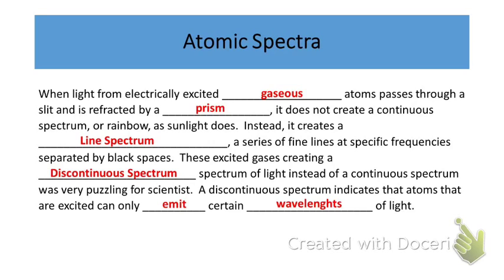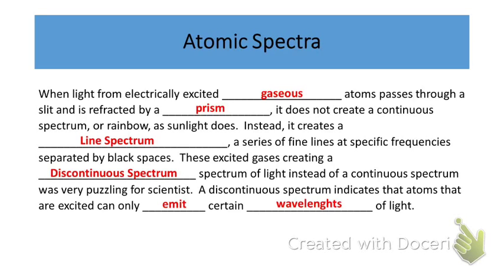It does not create a continuous spectrum or a rainbow as sunlight does. Instead, it creates a line spectrum, or an atomic spectra. A line spectrum is a series of fine lines at specific frequencies separated by black spaces.